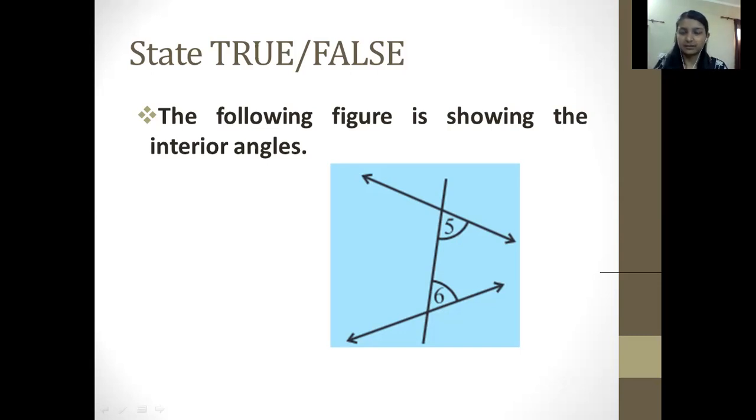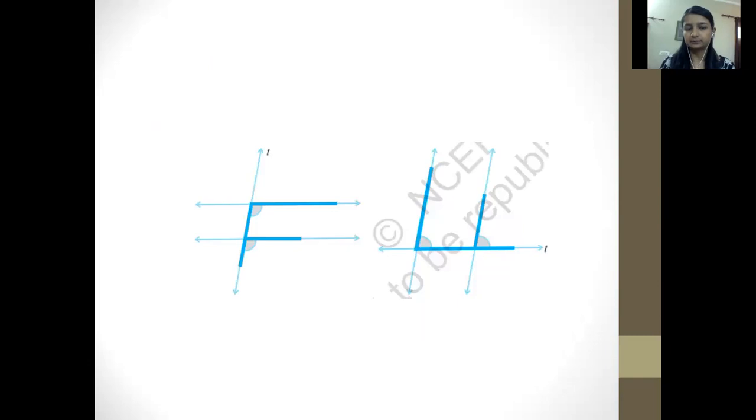Yes, you are guessing it right. If you gave the answer true, then you are absolutely correct. These are the angles which are coming inside two lines, so they are considered interior angles. Very good, students. You have given the right answer.